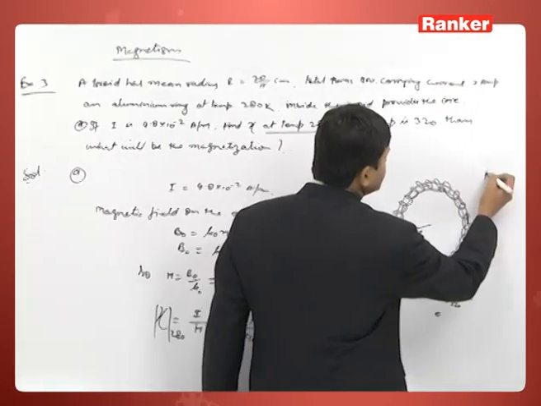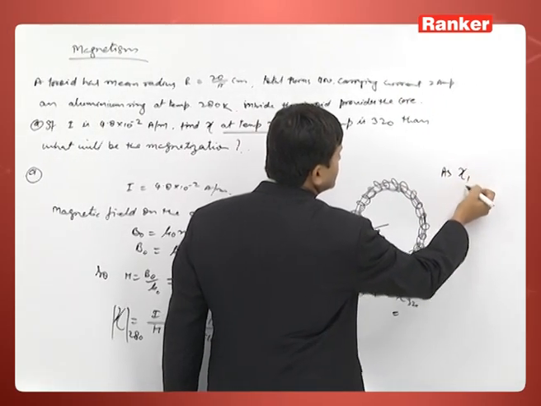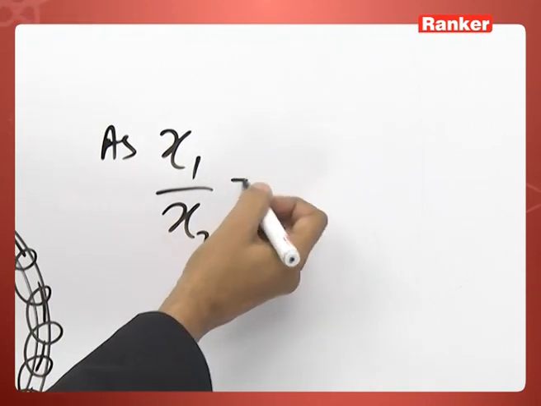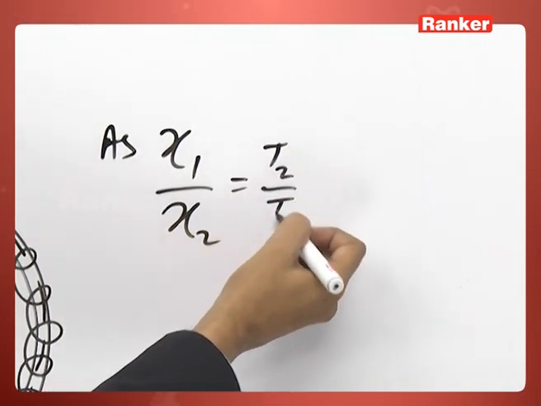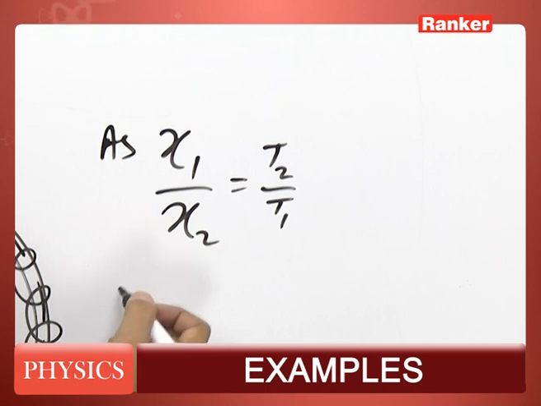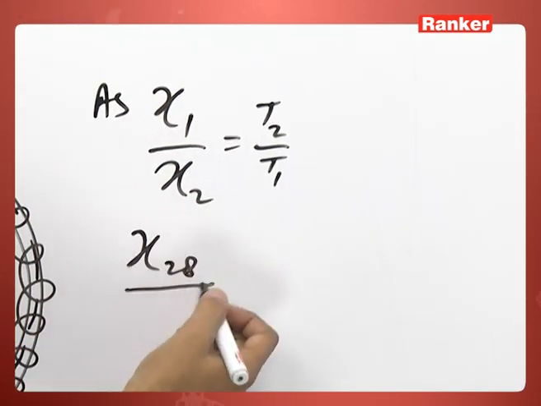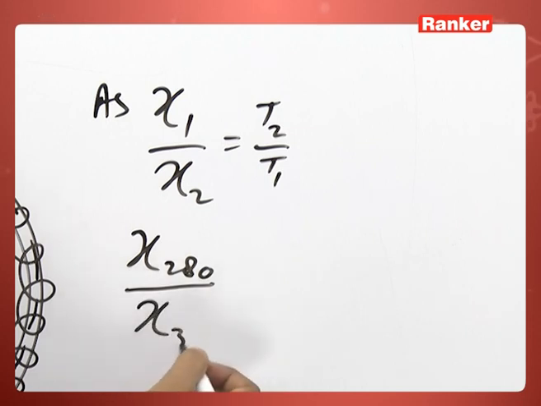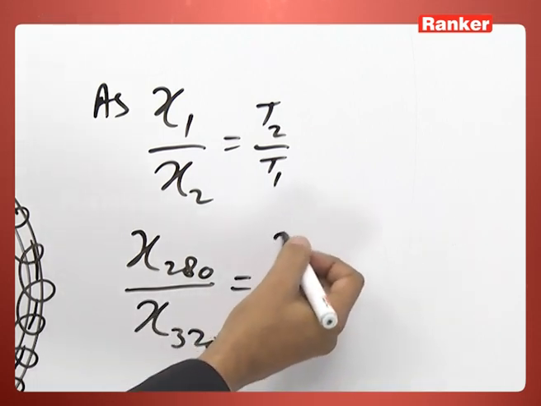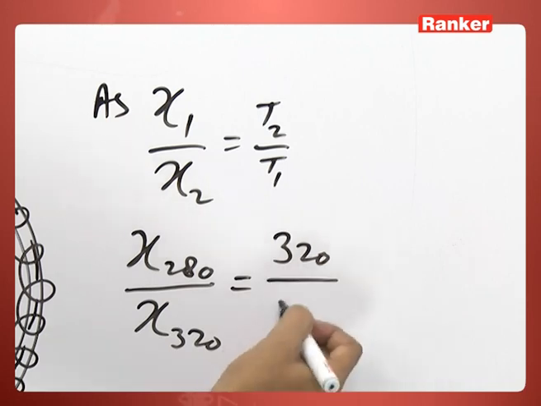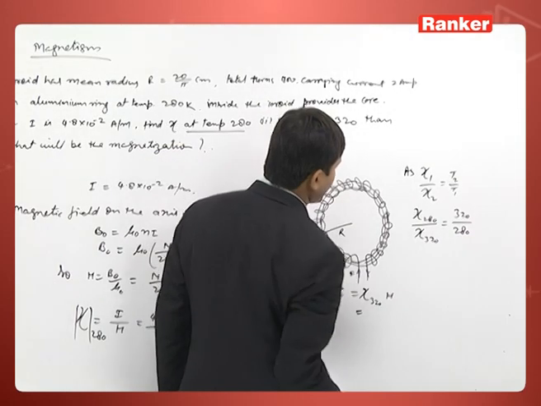So as susceptibility is inversely proportional to temperature, T2 by T1. So at 320, susceptibility at temperature 280 by susceptibility at 320 is 320 by 280.